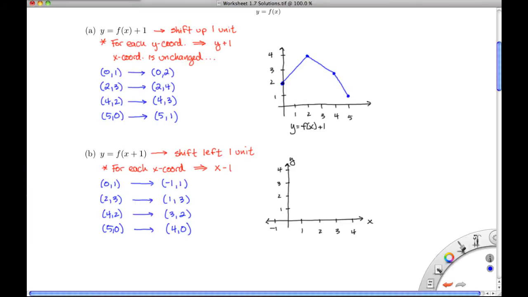So negative 1, 1, we'll put that right there. 1, 3, we'll put that right there. 3, 2 gives us a point right there. And then 4, 0 gives us a point right there. So we connect these.